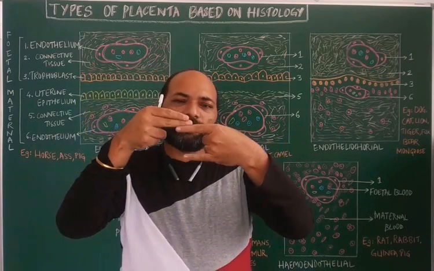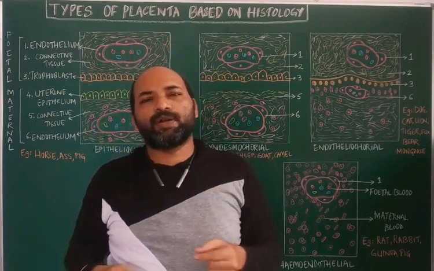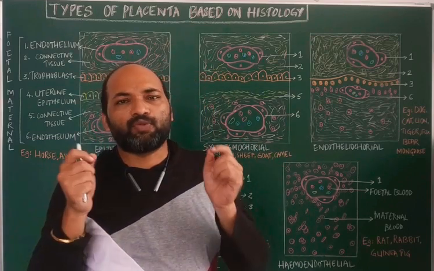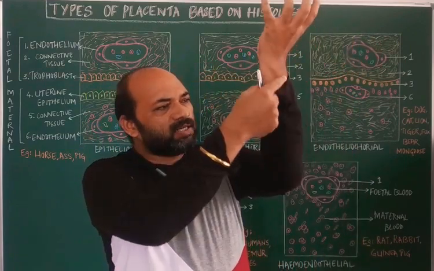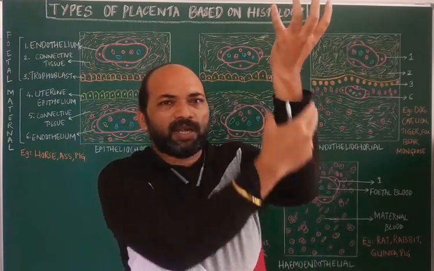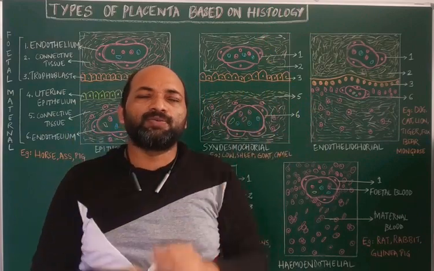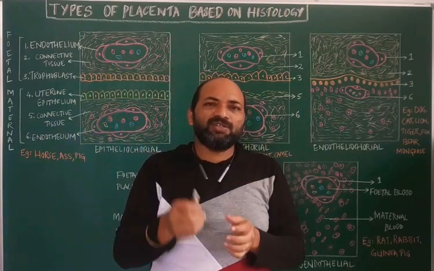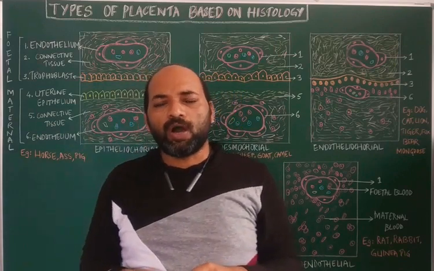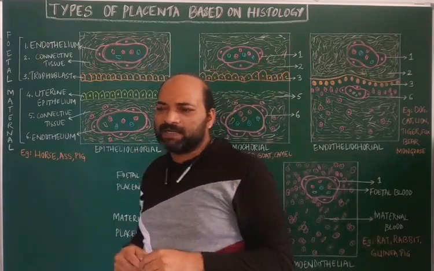From the fetal blood vessel it enters the body of the fetus through the umbilical cord. The placenta is connected to the umbilical cord and the umbilical cord is connected to the developing fetus. That is how the exchange of substances occurs in the placenta.